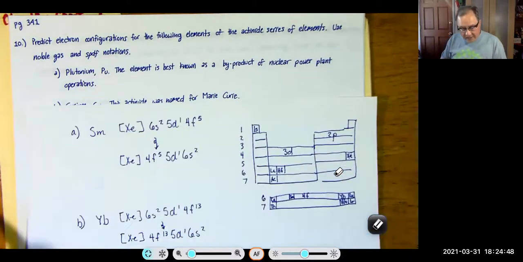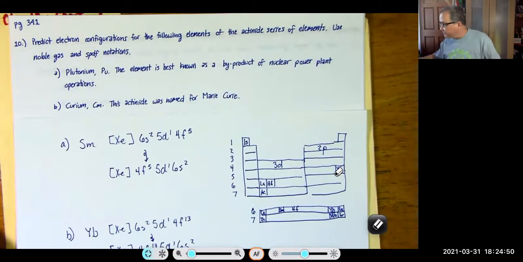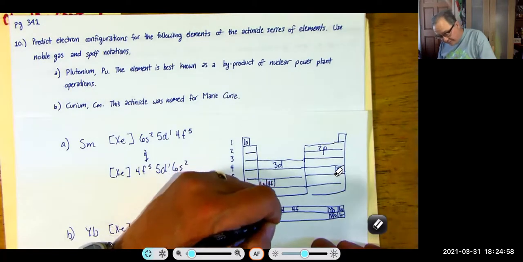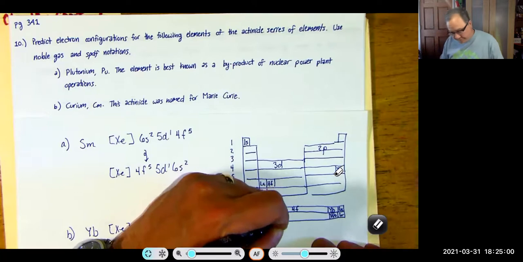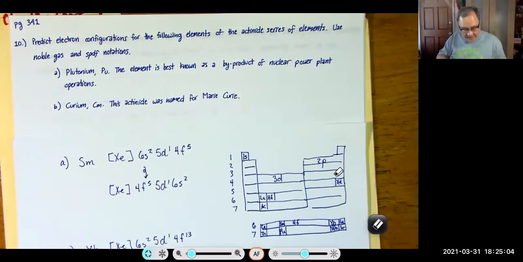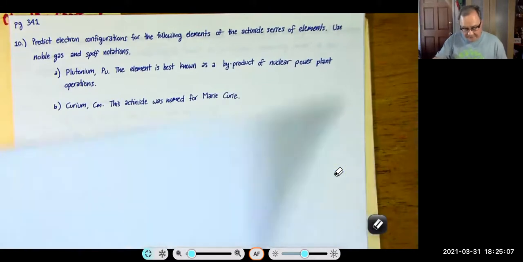So here we're looking at plutonium. Plutonium is right here. It's below samarium. So this is going to be number 10A, plutonium.